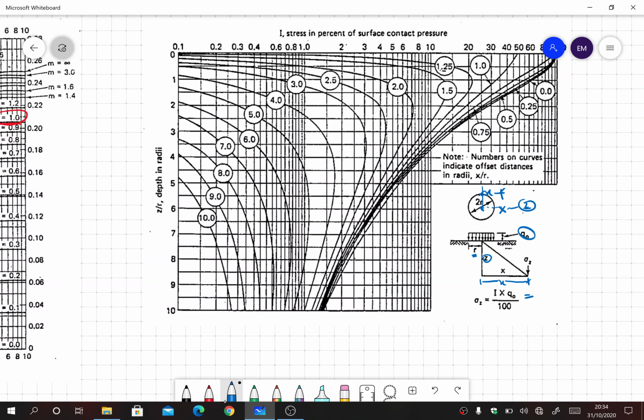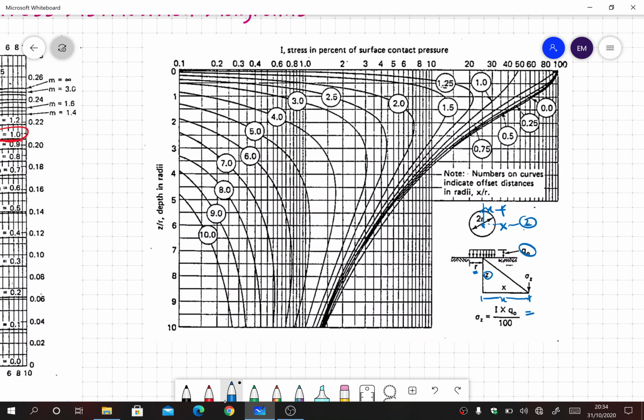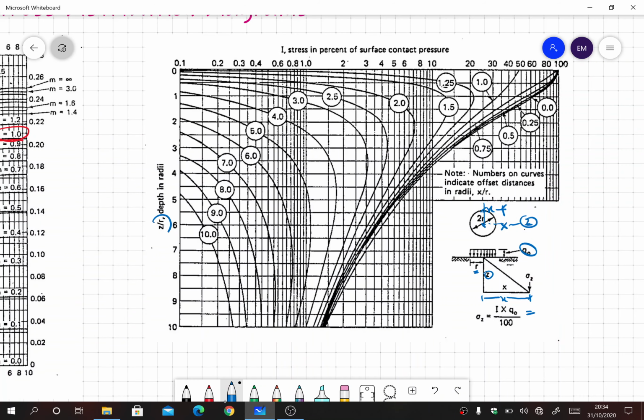So let's see where we get the values on the x and y axis. On the y axis we have z over r, where z is the depth of interest from the ground surface where we want to find the stresses, and r is the radius of the footing. So z over r will come here, and the lines are x over r. You see all the lines are based on x over r.